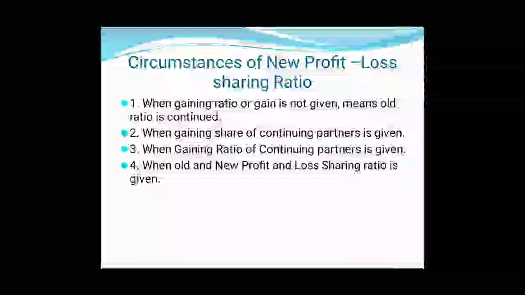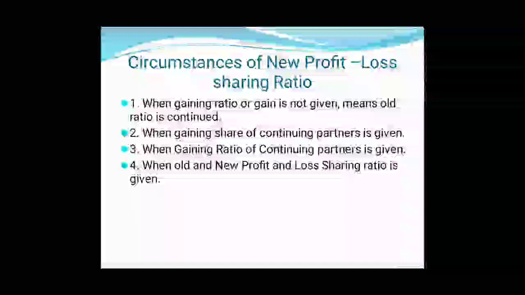Say for example, A, B, C are partners and they are having the ratio 3:2:1, and suppose C retires. C's share was 1, no? So 1 will be removed and A and B will be sharing in 3:2. If B retires, then B's share will be removed and A and C will be sharing in 3:1.